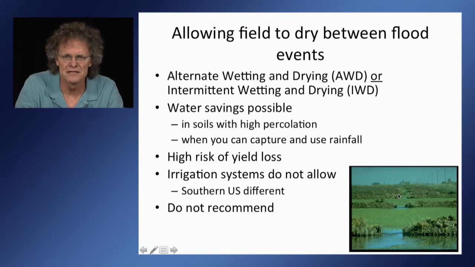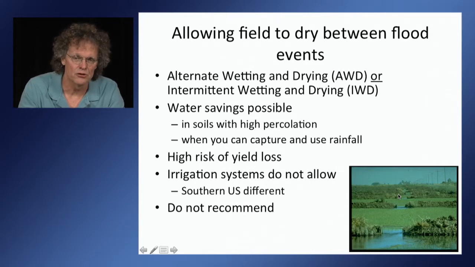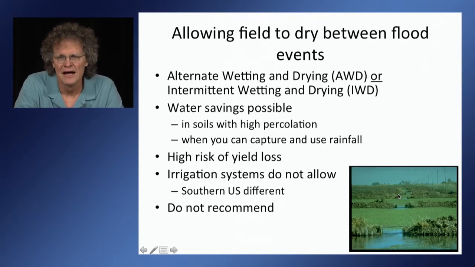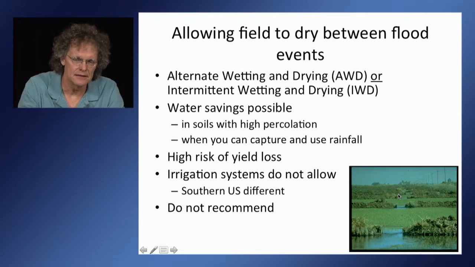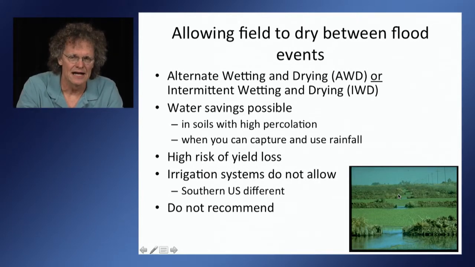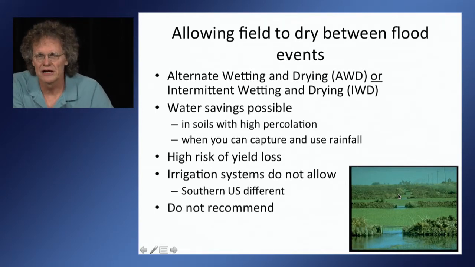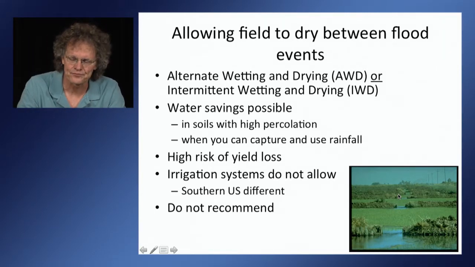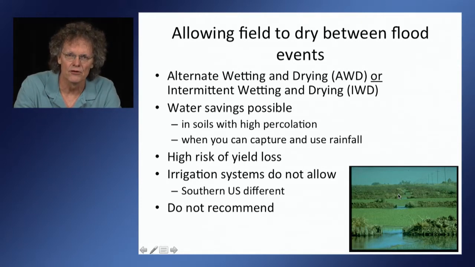Farmers are experimenting with them, but there they have side inlet systems, or they use poly pipe, and there it allows growers to irrigate each of the checks separately and fill them up as needed. So it takes a lot less time to uniformly fill that field. So again, we don't really recommend this practice for use here in California.